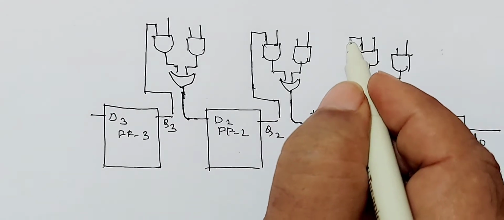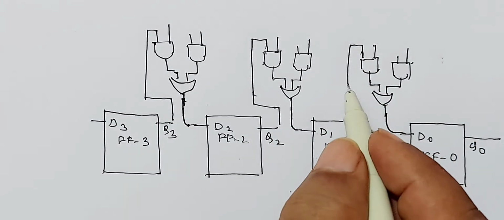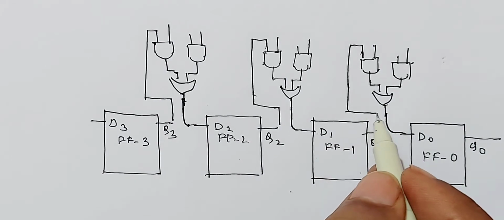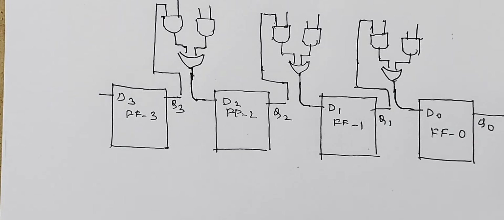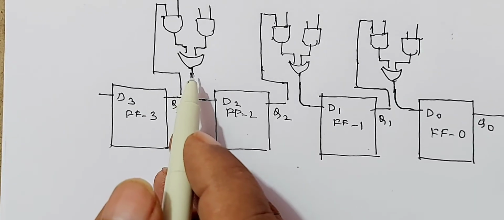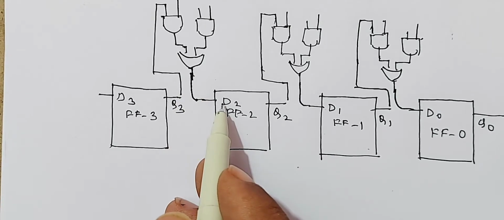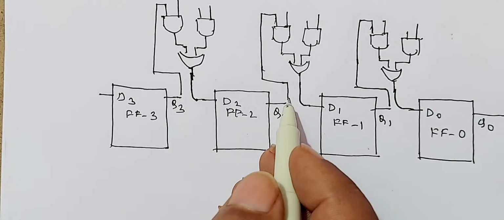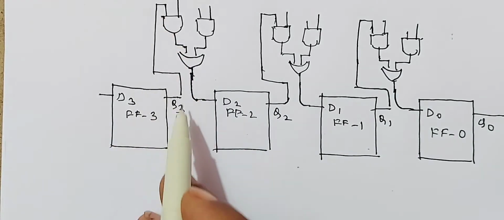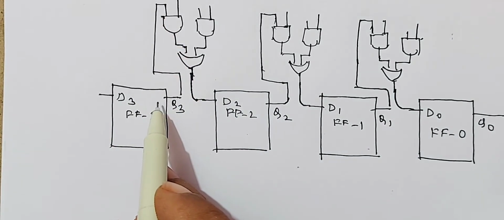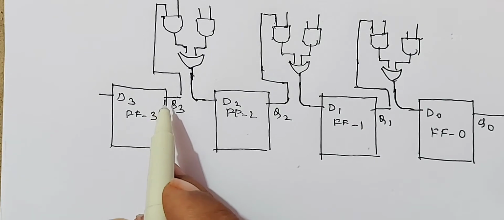Connect this input to Q1. Just mark how I am writing that. The output of the OR gate is connected to the input of the D-type flip-flop, and one input of the AND gate is connected to the output of the previous D flip-flop.